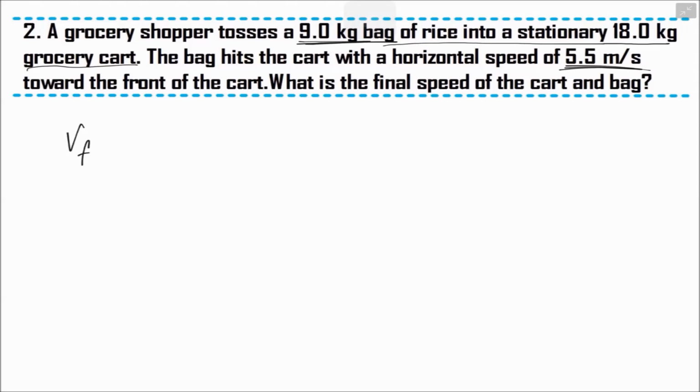So we can say v final equals m1 times v1 initial plus m2 times v2 initial over m1 plus m2.